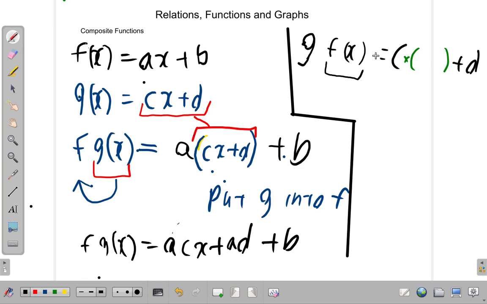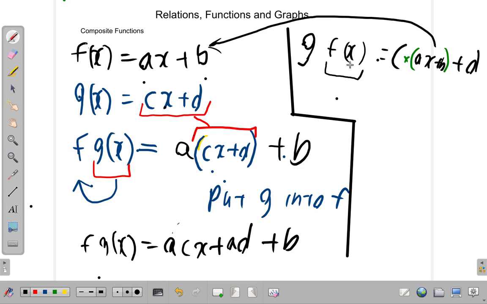But it is g of x. So it is c times, if f, it is gf of x. So what you're finding is c multiplied by the f of x. That's what we have. But then what is f of x? F of x is ax plus b. So let's remove this and put our ax plus b.